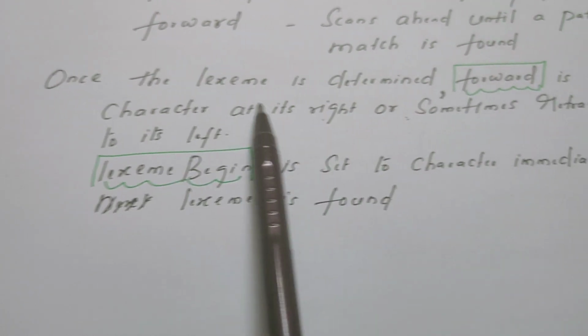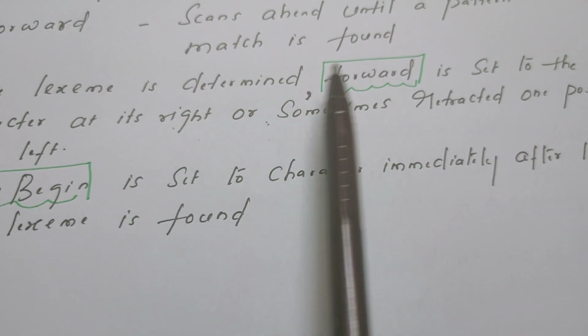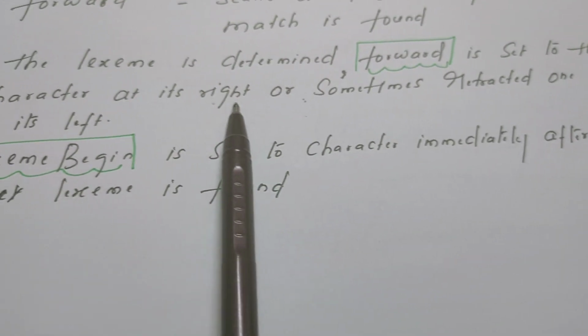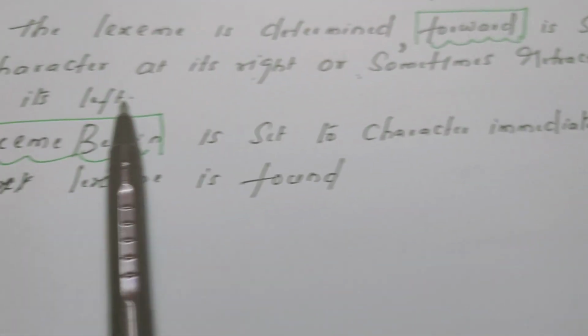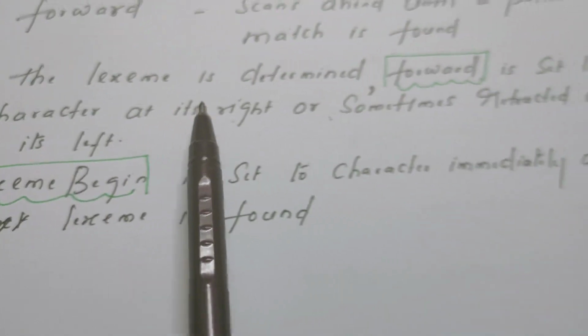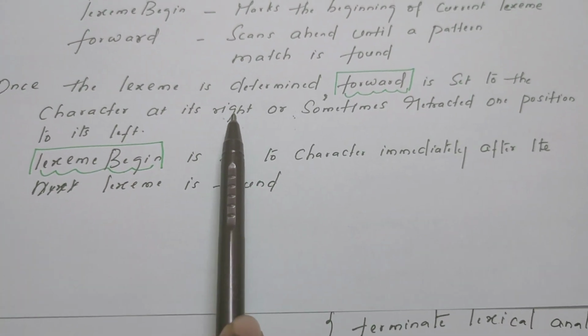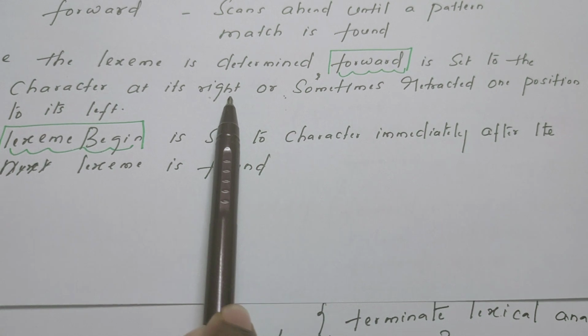Right. Once the lexeme is determined, forward is set to the character at its right end, or sometimes it may retract one position to the left. This I explained when it will happen. If it reads the blank space, forward is set to the right of the blank space.